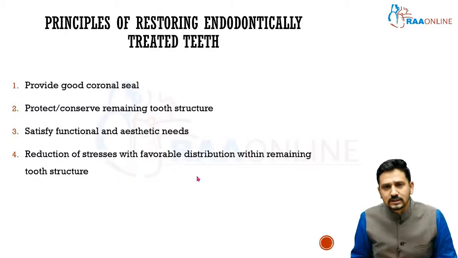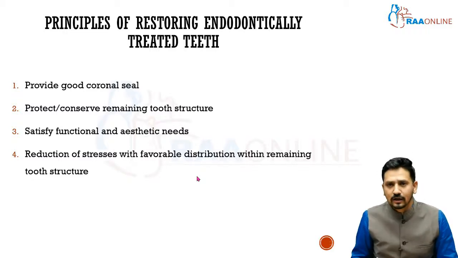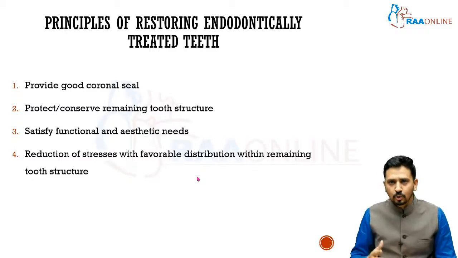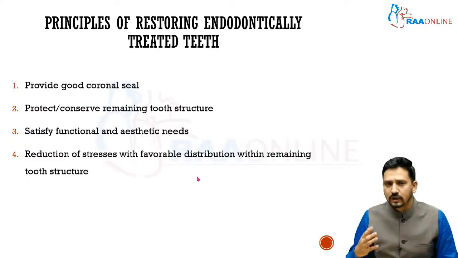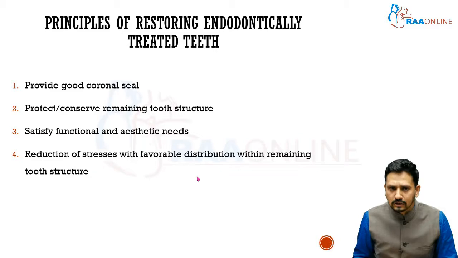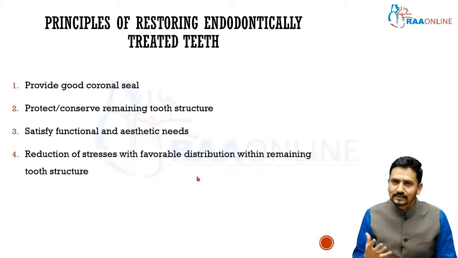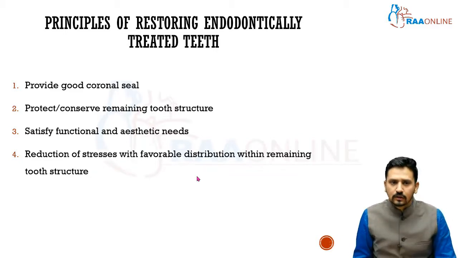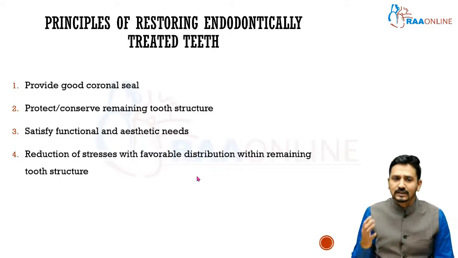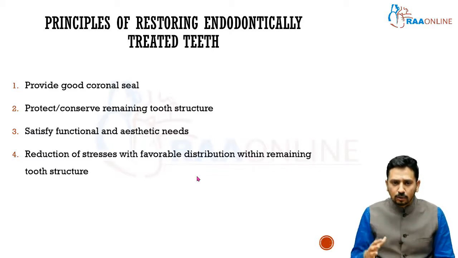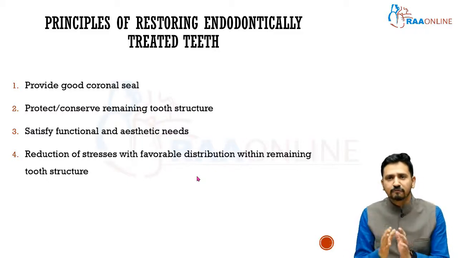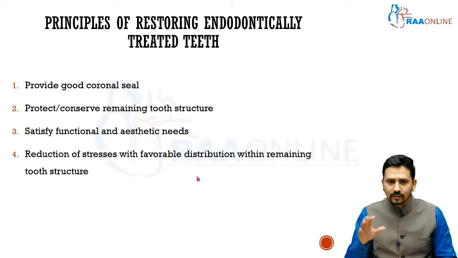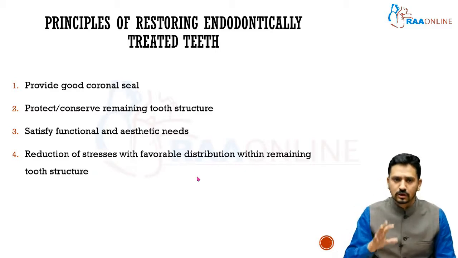So what are the principles of restoring endodontically treated teeth? You do a restoration on top of an endodontic treated teeth to provide a good coronal seal, to protect and conserve the remaining tooth structure, to satisfy functional and aesthetic needs, to reduce stresses, and these stresses that will be given to the tooth should be favorably distributed with the remaining tooth structure.